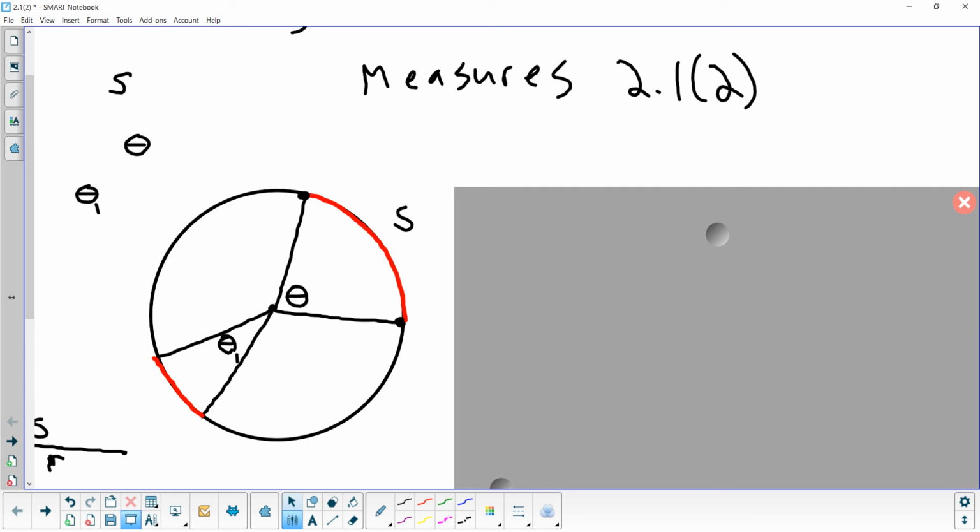This arc down here in red is different, so I can't use the same letter. So I'm going to call it S1. Right. So arc S is formed by theta, S1 by theta 1. It's just a circle with two angles in it. Question on that?